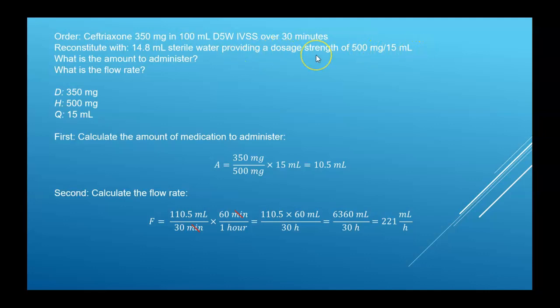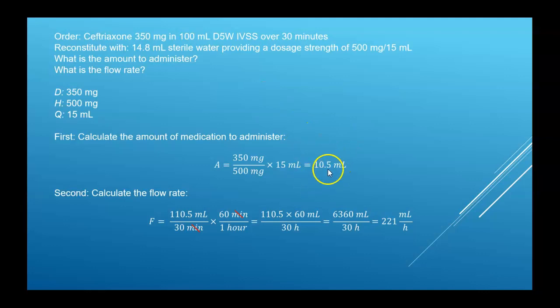So your dosage strength is your concentration, your H and your Q, 500 milligrams for 15 milliliters. D in this case is 350 milligrams. So our D, H, and Q, we do our calculation to find the amount of drug that needs to be administered along with the dextrose. 10.5 milliliters.